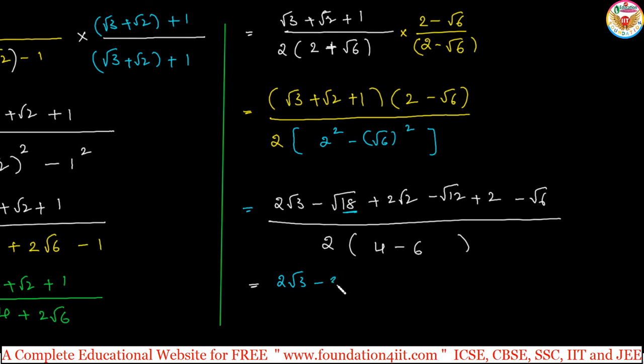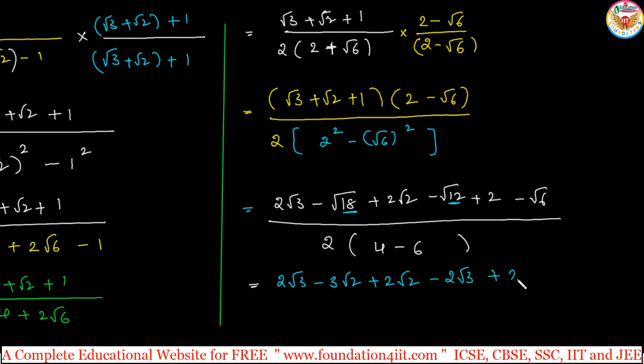So root 9 is 3 into root 2, that I wrote. Plus 2 root 2 it is. Minus root 12 also, it's 4 into 3. Just check if any perfect square factor is there, whether a perfect square is possible or not. 12 is 4 into 3, so root 4 into root 3. Root 4 is 2, so 2 root 3.